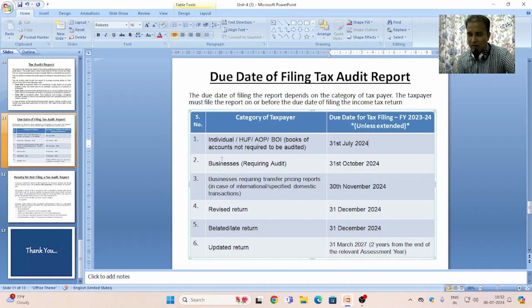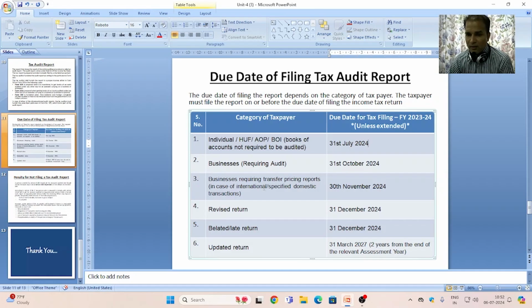A business where the audit is required, the last date is 31st October 2024. Means the auditor should submit the tax audit report latest by 31st October 2024.